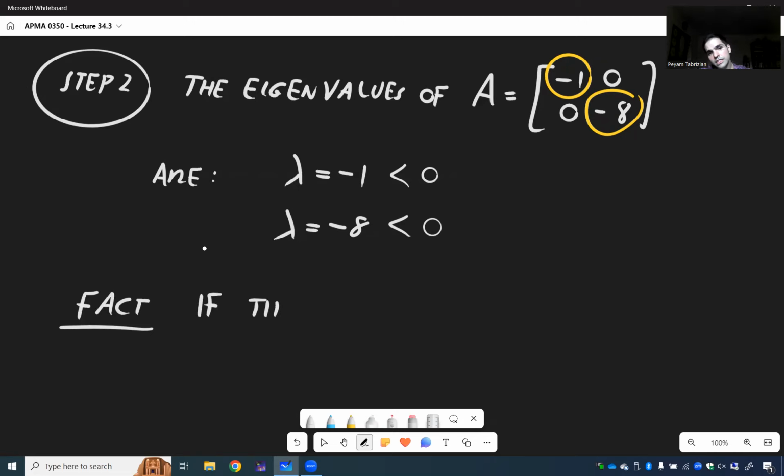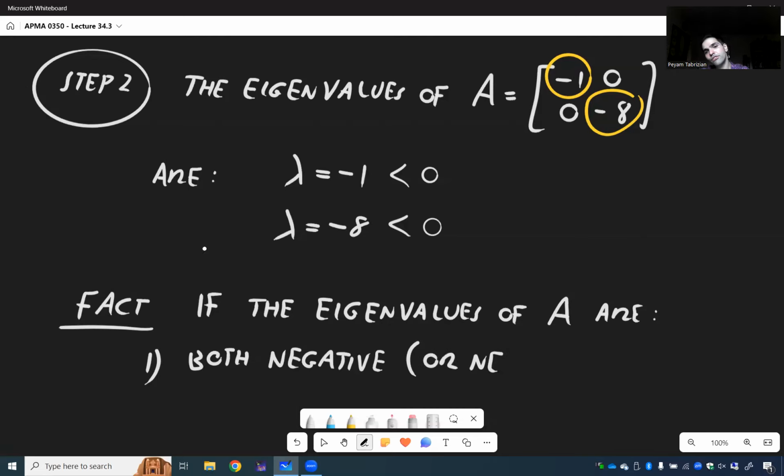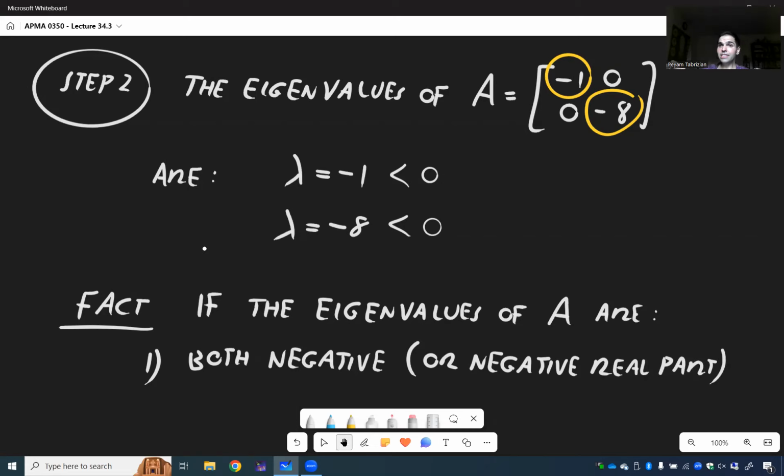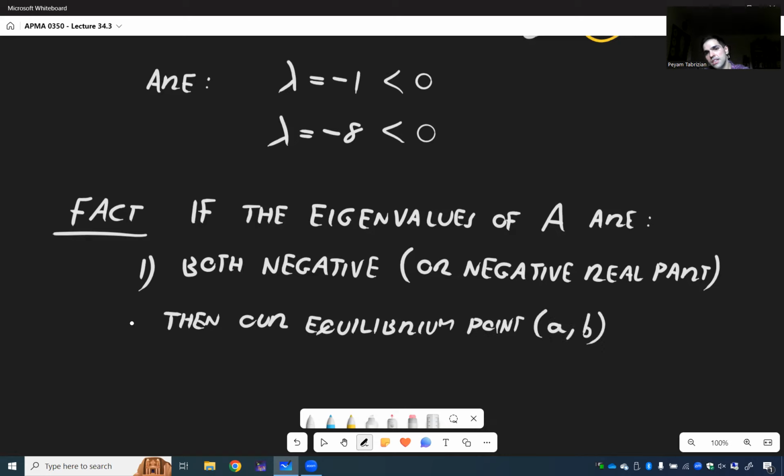If the eigenvalues of A are both negative, or we'll see they could be complex, with negative real part, what this means is solutions near (0, 0) go towards (0, 0), which means that our equilibrium point is stable. In general, the equilibrium point is stable.